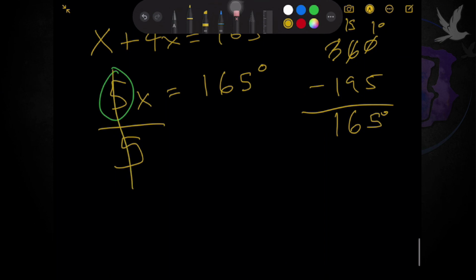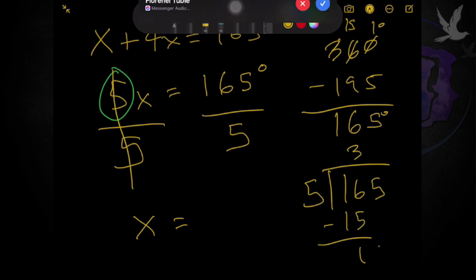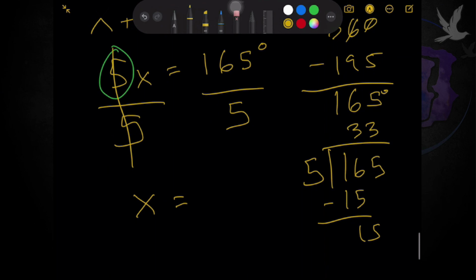So, canceling that, and what you do in one side of the equation, you should also do it to the other side of the equation, which now leaves you with x alone. So, 165 divided by 5 is 33. So the answer here is equivalent to 33 degrees.